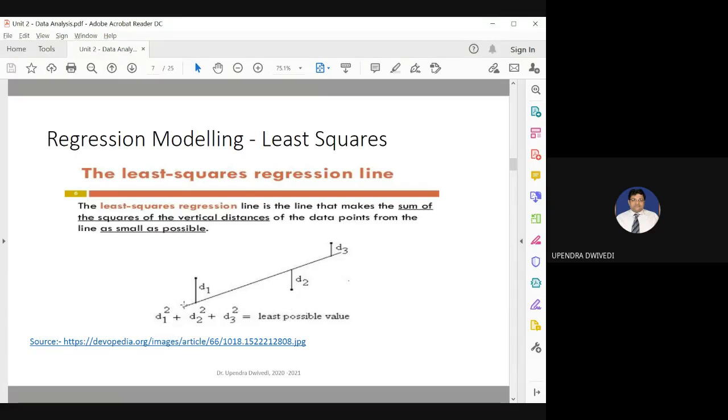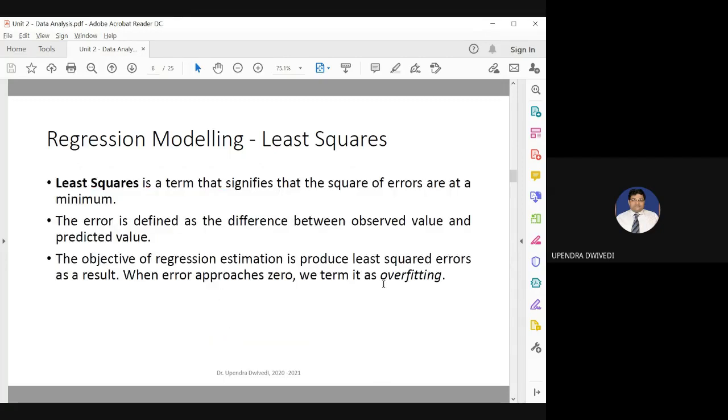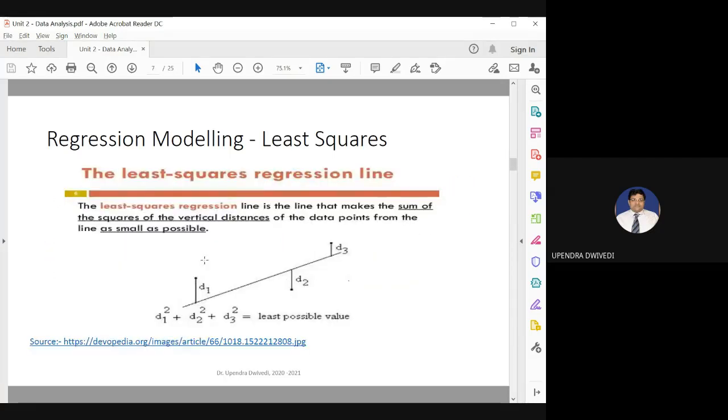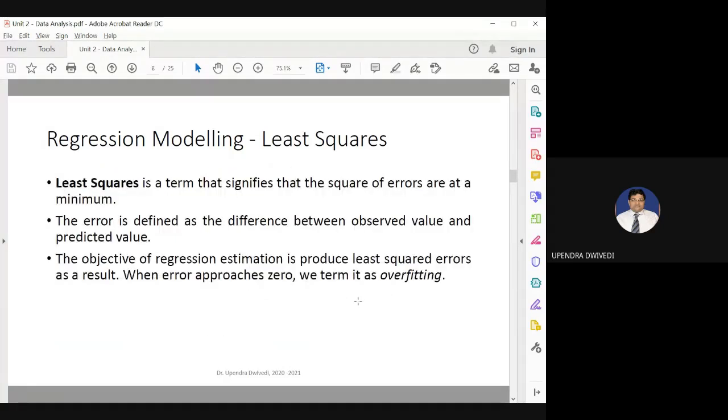Suppose you have developed a mathematical equation which satisfies this condition, then your model is perfect, and it is an overfitting model. In real time, your model cannot be an overfitting model because it is infeasible to find a model that satisfies all real-time values. So we try to find a model having the minimum possible value of the least square.